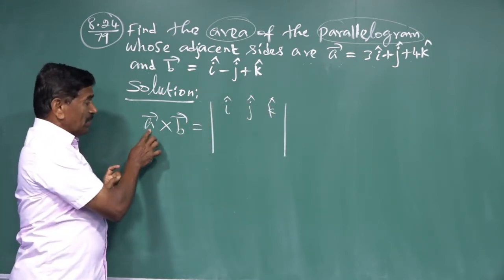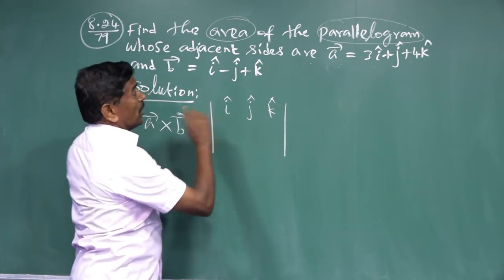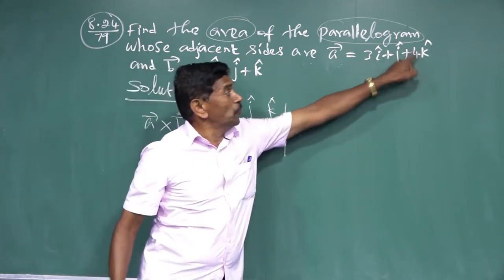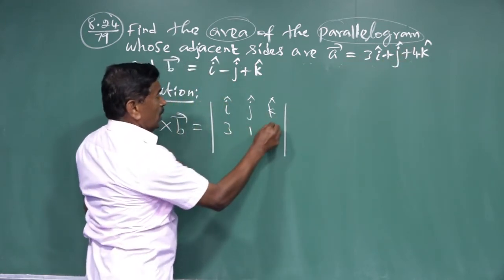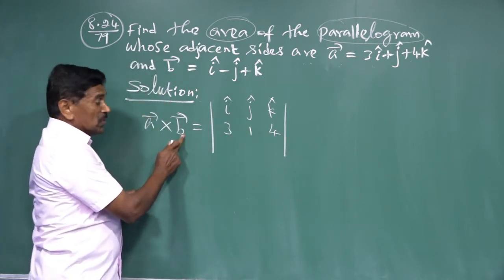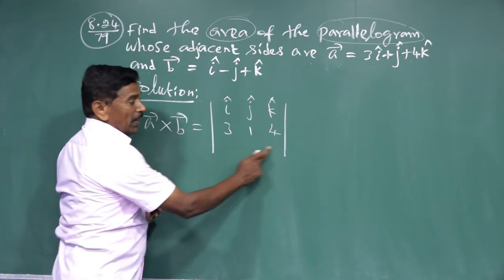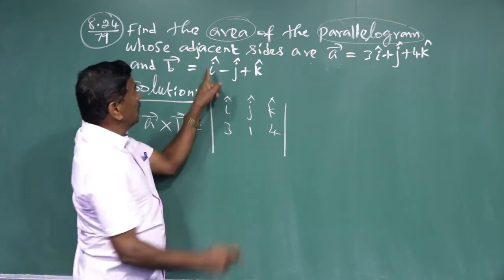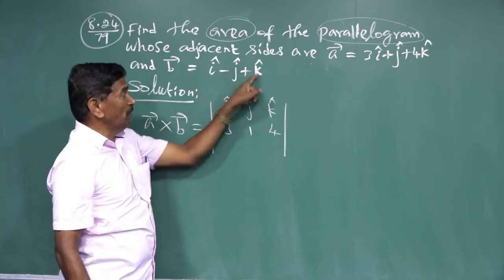First, the A vector coefficients form the second row. Can you tell me what the second row is? 3, 1, 4. Then the B vector coefficients form the third row. What is the third row? 1, minus 1, 1.